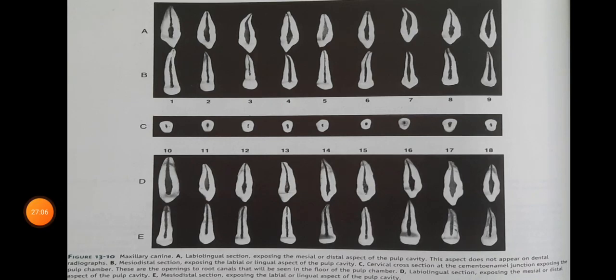Now let's have a discussion over the mesodistal section in figure 13.10 B and E. In picture B, you can see the mesodistal section exposing the labial or lingual aspect of the pulp cavity. In E, it is also the mesodistal section exposing the labial or lingual aspect of the pulp cavity.